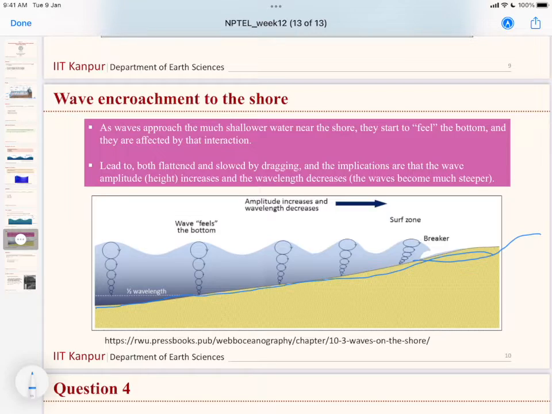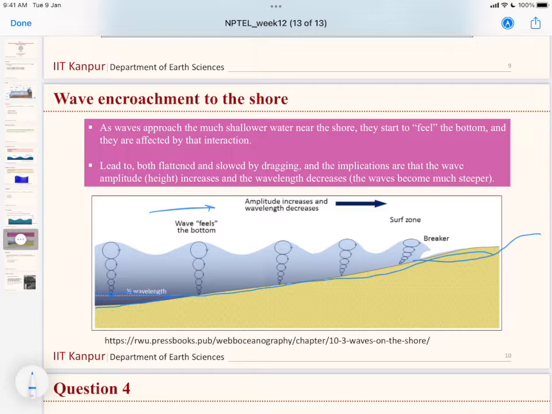Suppose here you have your 1/2 wavelength, and up to here you experience the vibration or the energy; below that you experience nothing. This is the normal situation, but if this wave continues to move up to this beach, then with time this depth will get disturbed.